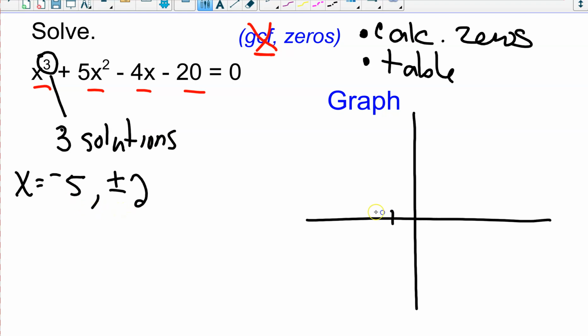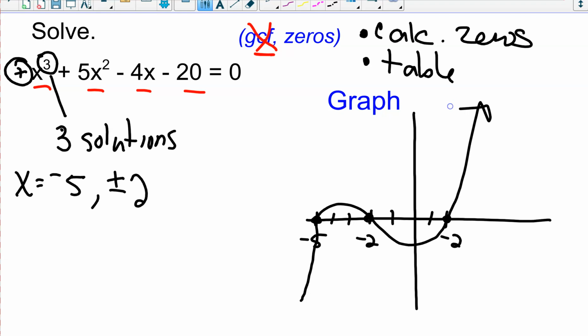So I have -2, and I want to make sure I mark these. So I'm really being picky on this section as incompleteness of your homework, that you're showing where these zeros are, and then you're showing the graph. So this is a cube function. This is a positive a. So it is going to look like this, which we already saw. We didn't even need our calculator to show us what that looks like.